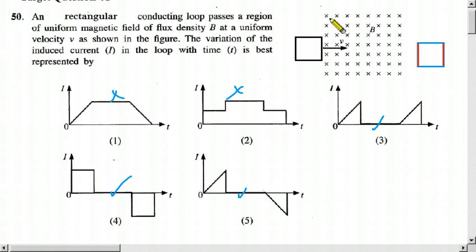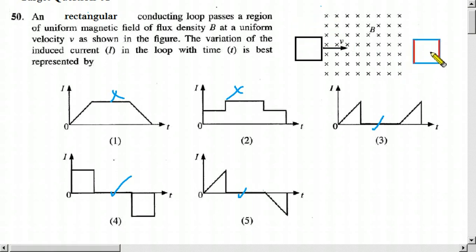So now let us consider, it is just entering. When it is entering, the right side wire first enters the magnetic field at once, not little by little, not gradually as it was in that triangle, but here it suddenly enters the field all at once.